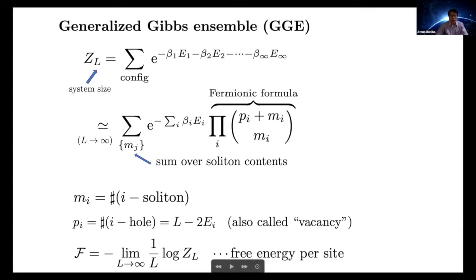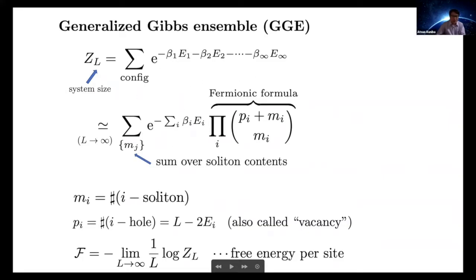Given specified soliton contents, the number of states having the same soliton contents is given by this fermionic formula that I talked about yesterday. This is not an exact equality, because this formula refers to the so-called highest states. There are actually contributions from non-highest states, but those contributions are not dominant, or not relevant in the large L limit when we consider such a limit. So in that sense this is approximately equal, but you can effectively replace this summation by this formula.